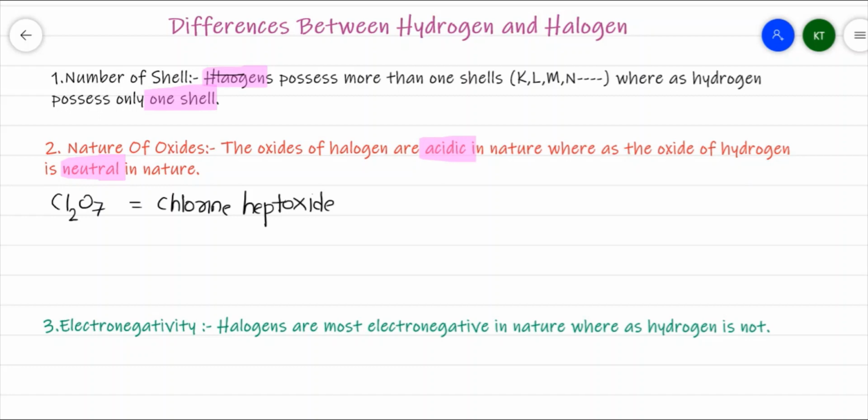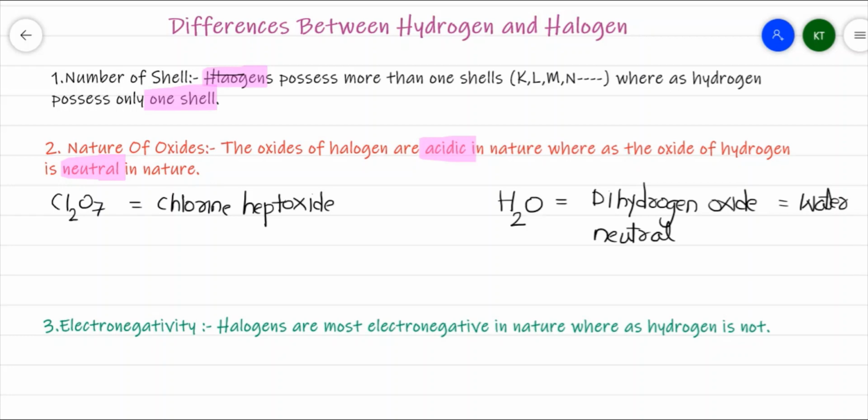But on the other hand, the oxide of hydrogen is dihydrogen oxide, which we call water, and we know that water is neutral in nature, whereas this is acidic in nature. So oxides of halogen are acidic, whereas the oxide of hydrogen is neutral.